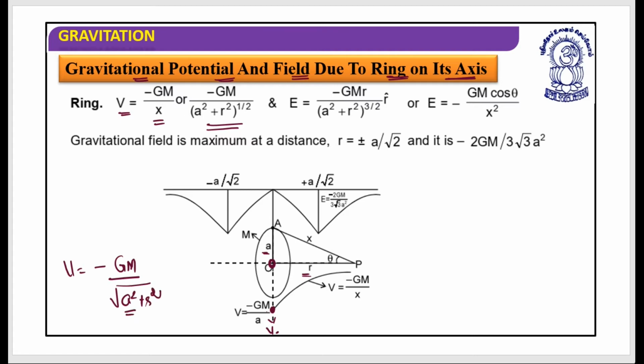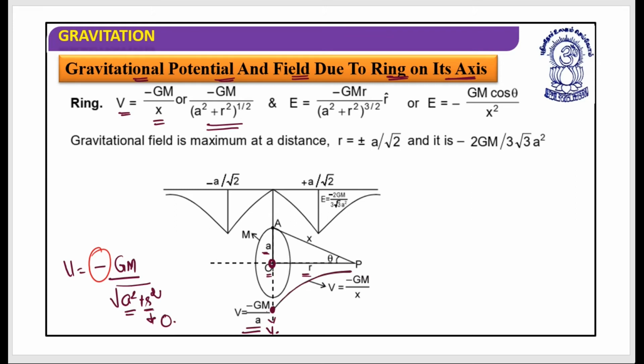If I put r as 0, because r is the perpendicular distance from the center, this will be minus G m by a, and as soon as I move from the center, it would be decreasing like this. This negative sign is there to represent that it is attractive force in nature. I hope you understand this.